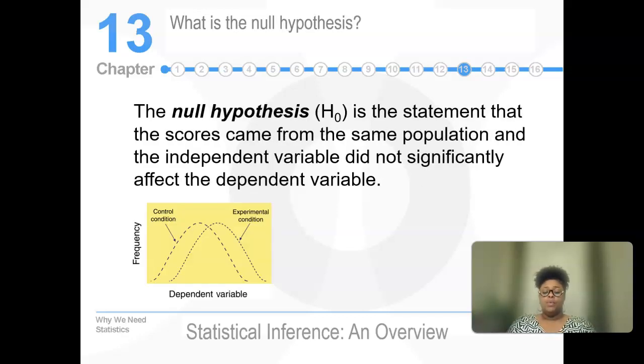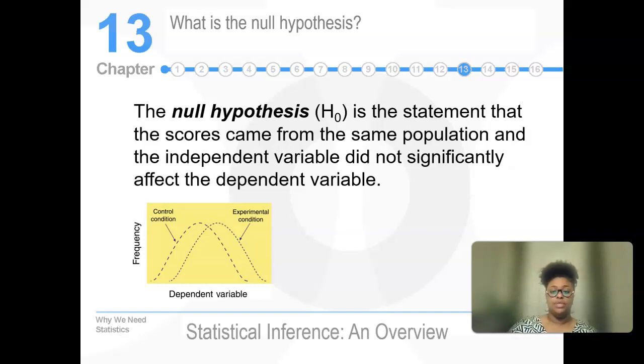When we're looking at the significance, we want to determine whether or not we are going to reject or accept our hypothesis. When we look at the null hypothesis, which is emphasized by the H and zero, this is going to be your statement that makes the inference that there is no significant effect from the IV onto the DV.